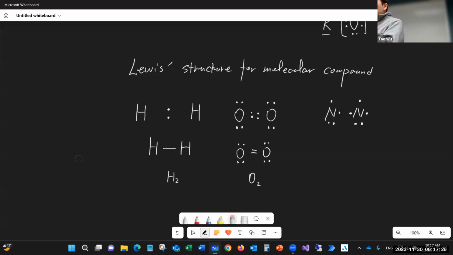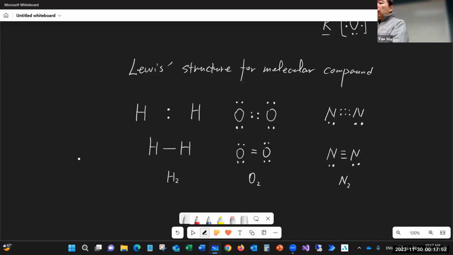Instead, they are going to share all of those 6 electrons, making 3 paired electrons, and those will make a triple bond. And so that's why we have N2, right?